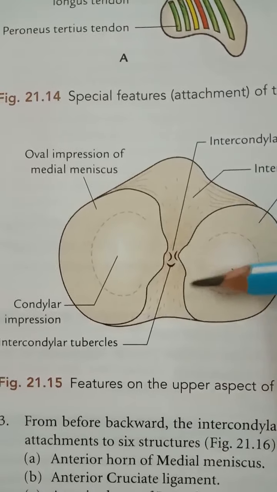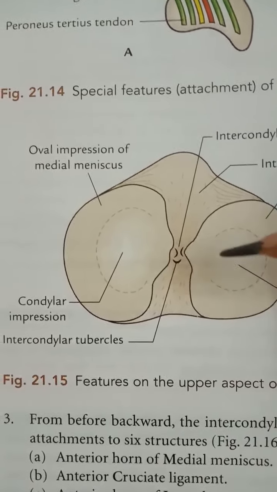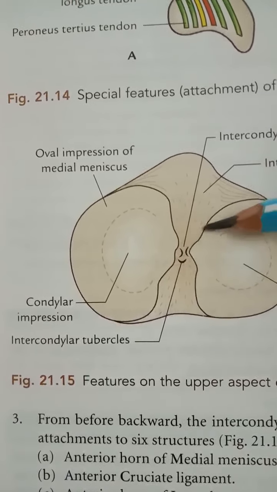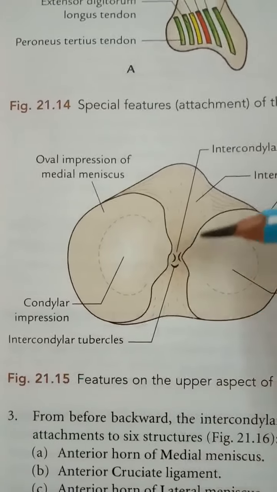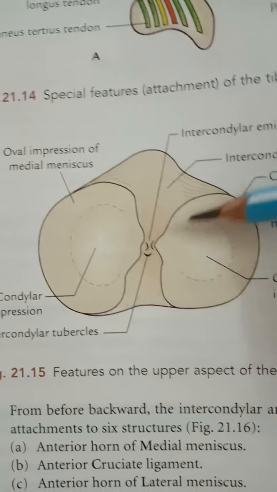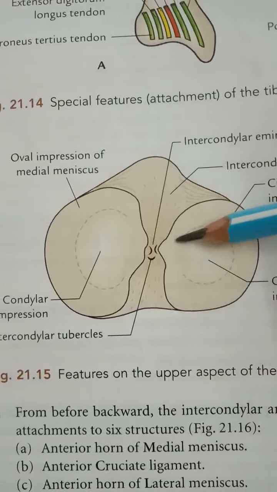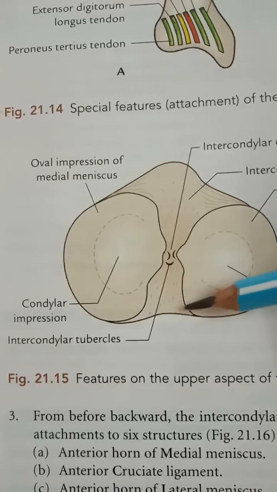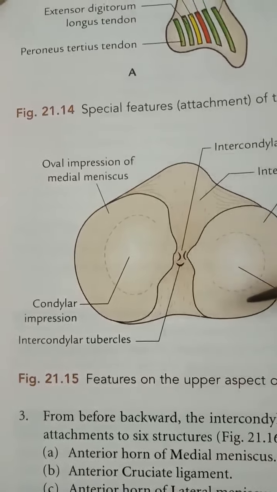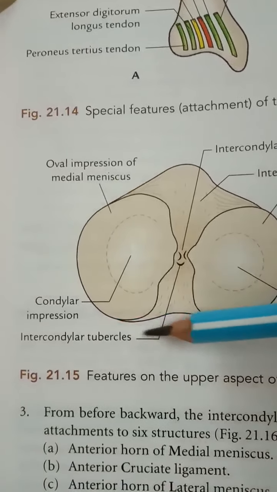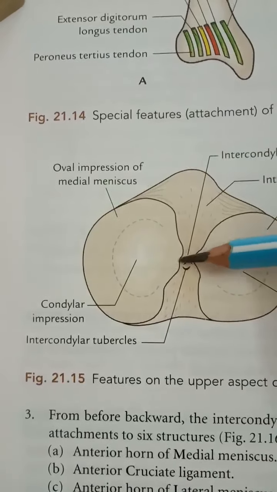This area is narrowest in the middle part, and this part is elevated as the intercondylar eminence. Here you can see the intercondylar eminence, which is flanked by the medial and lateral intercondylar tubercles.